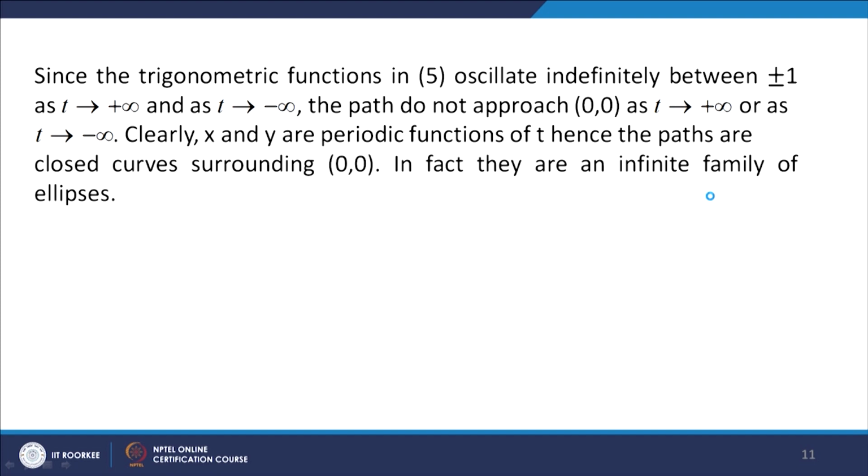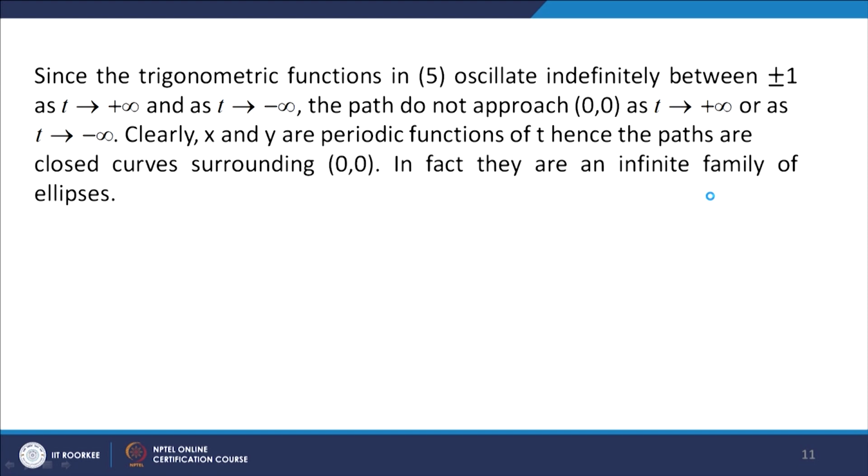The paths do not approach (0, 0) as t goes to plus or minus infinity. x and y are periodic functions of t, because cos(beta t) and sin(beta t) are periodic functions. Hence the paths are closed curves surrounding (0, 0). In fact, they are an infinite family of ellipses.